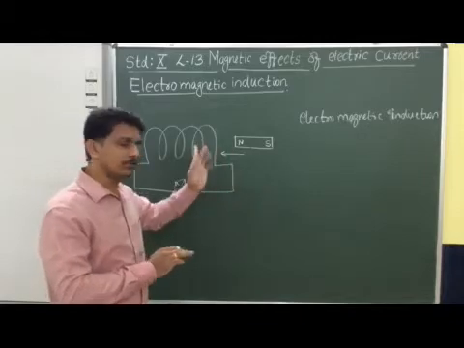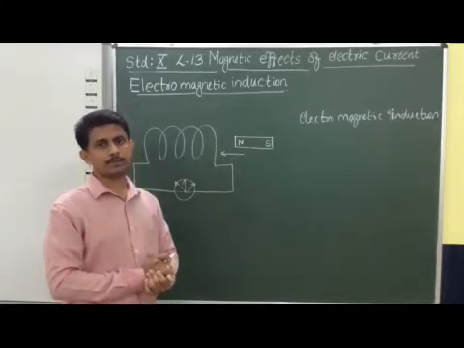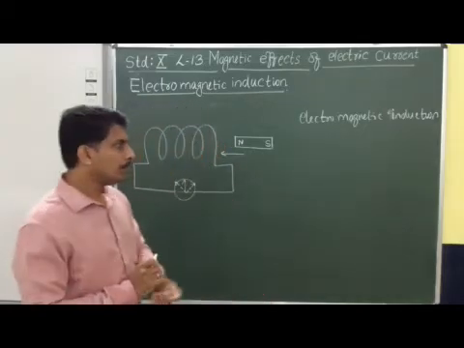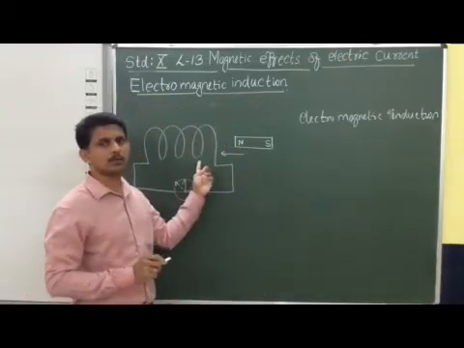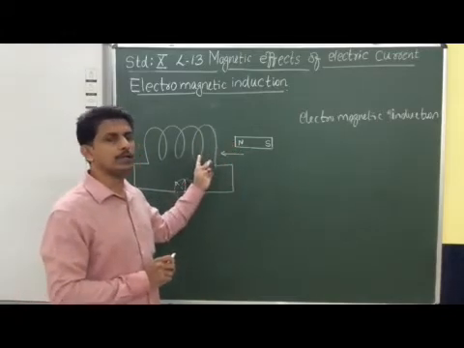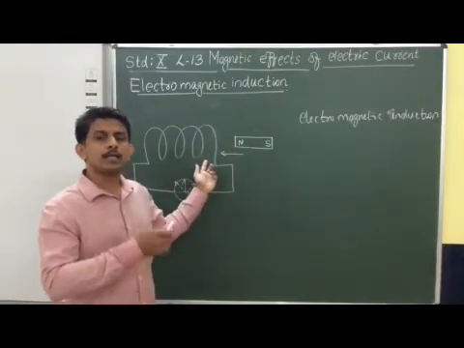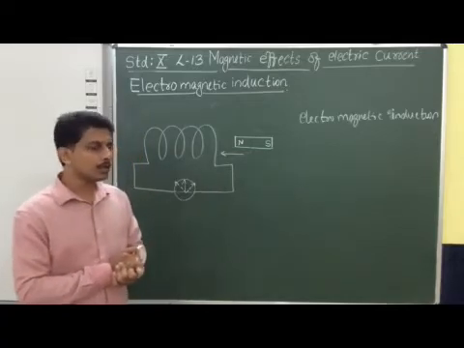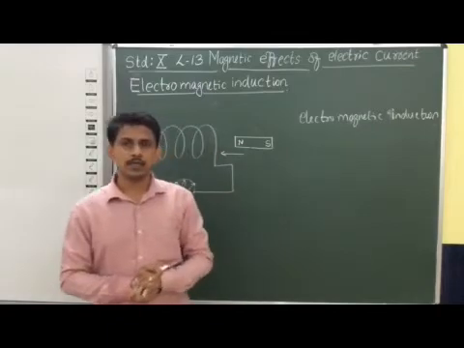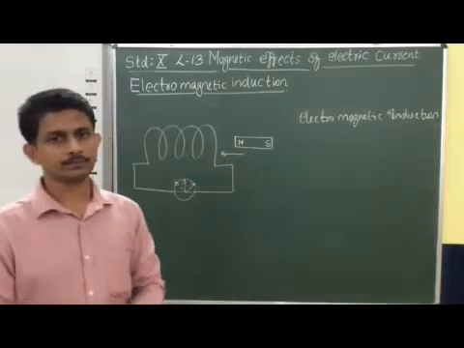Otherwise, there is no EMF induced. So we can define electromagnetic induction as: when a bar magnet is moving towards the coil or away from this coil, the magnetic field linked with this coil changes and an EMF is induced in this coil. This phenomenon is known as electromagnetic induction.